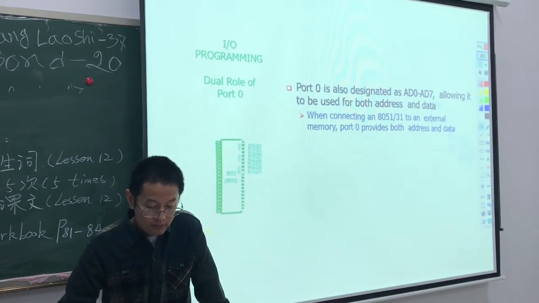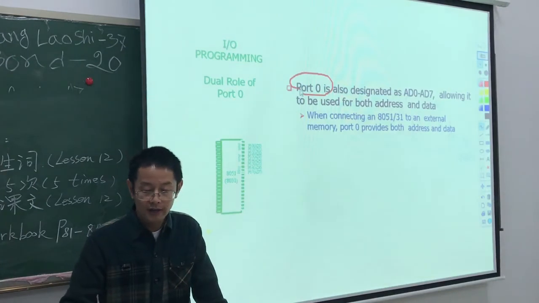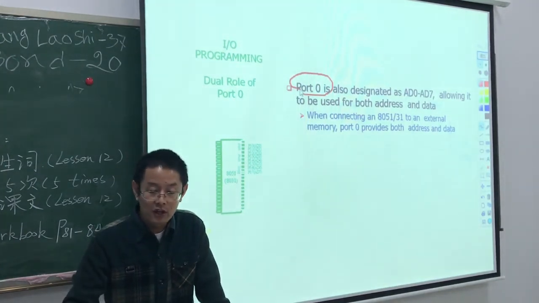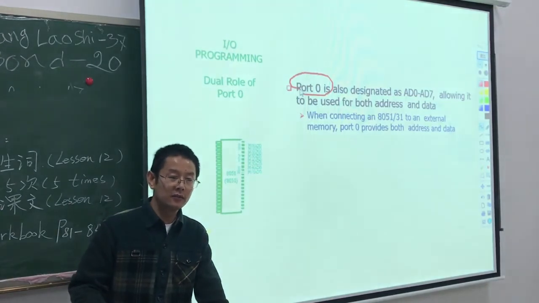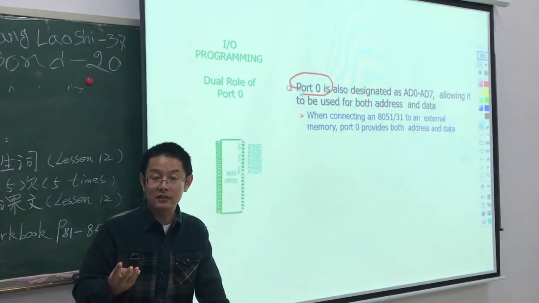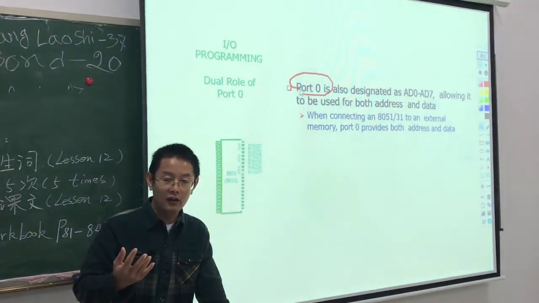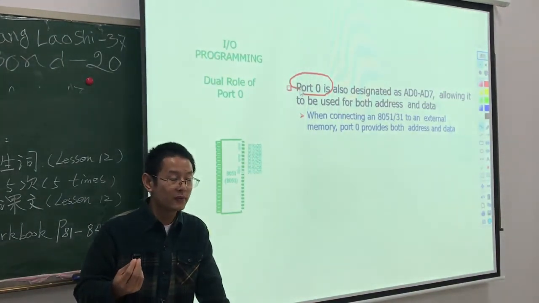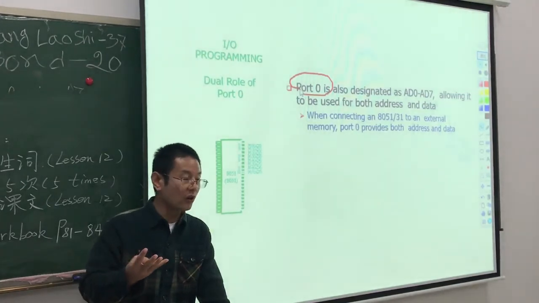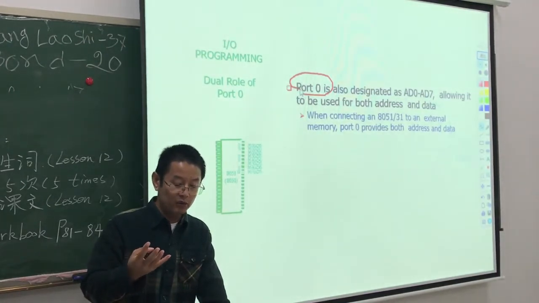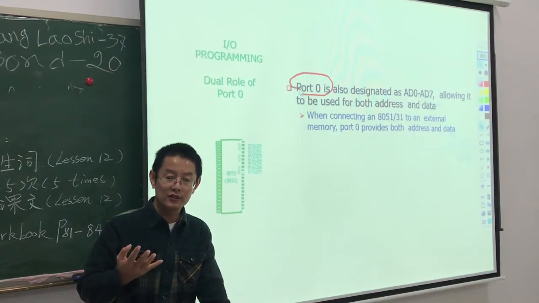Here you need to remember, when we use port 0 as address, port 0 is only 8 bits. The 8031 has a 16-bit address, so the higher 8 bits are output from P2. So when port 0 is used as address, port 0 and port 2 are used together.